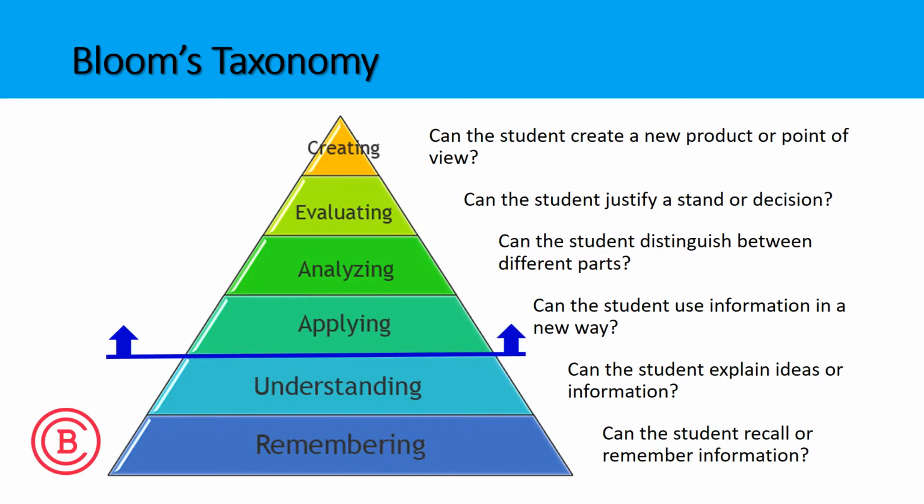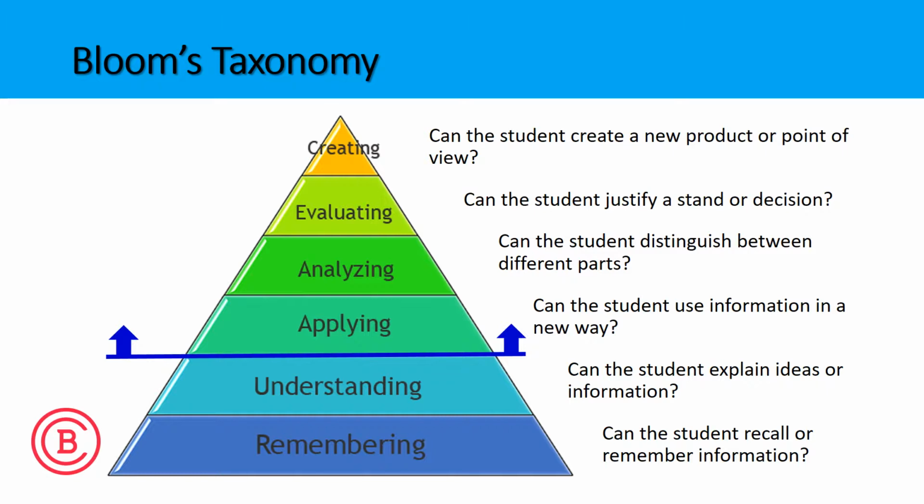Based on brain research, the more we can get our students to the application level or above, the greater increase in student learning and the transfer of learning we achieve. Something to keep in mind is that first and second grade students can apply what they have learned in their classrooms.